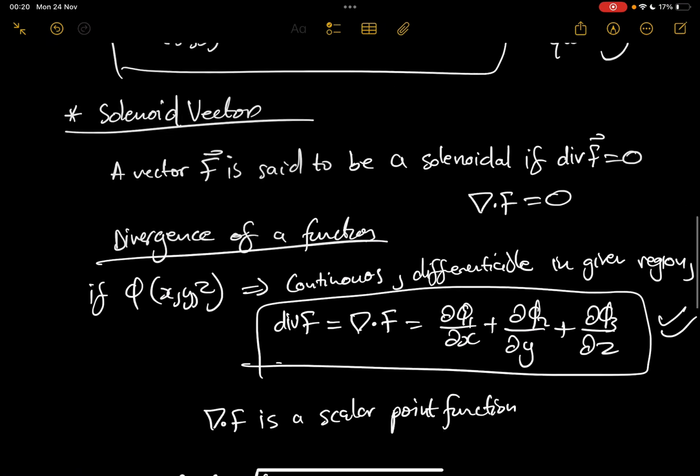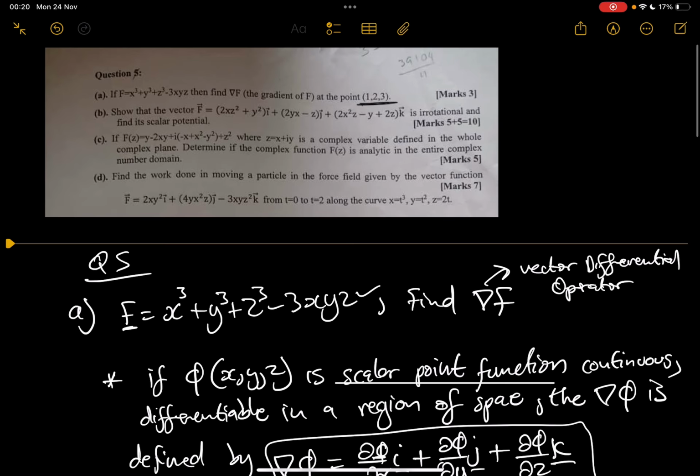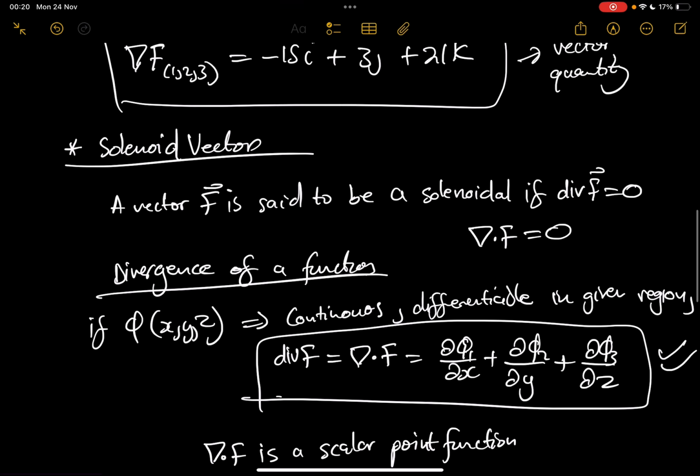This is k, right? So now let's find the curl of this function.